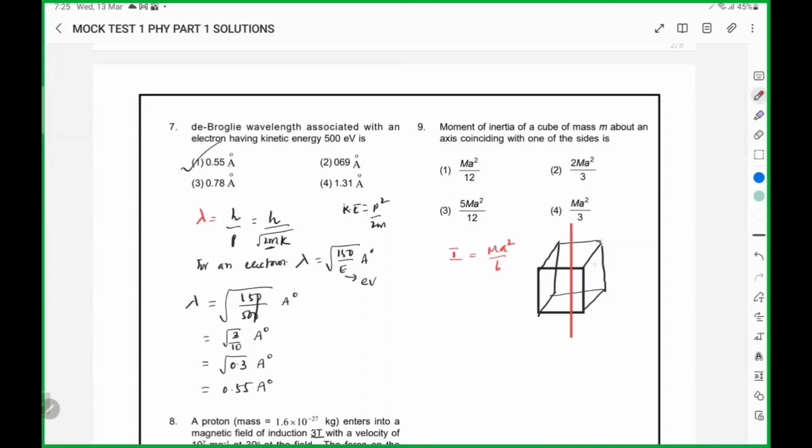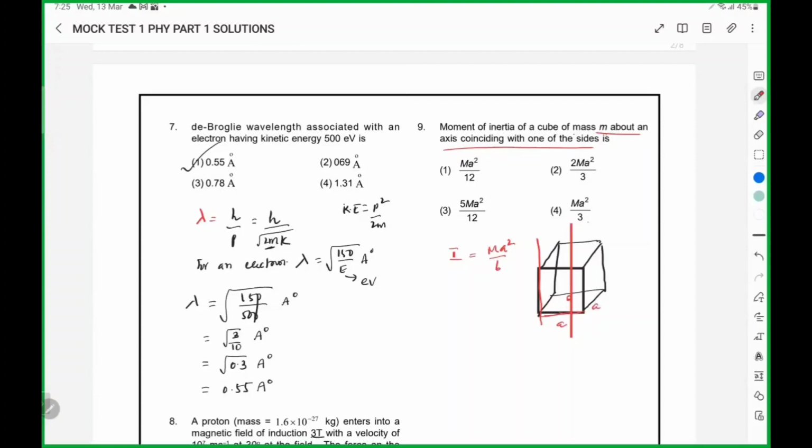But with the axis coinciding with one of the sides, we find the moment of inertia of a cube of mass m about an axis coinciding with one of its sides. So this is one of the sides. Here this distance is a.